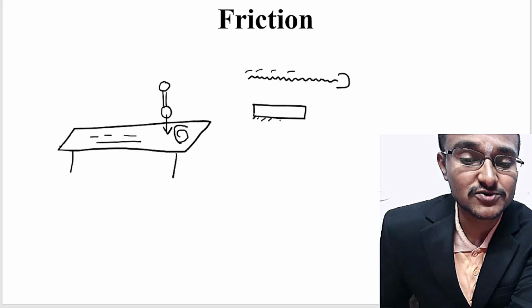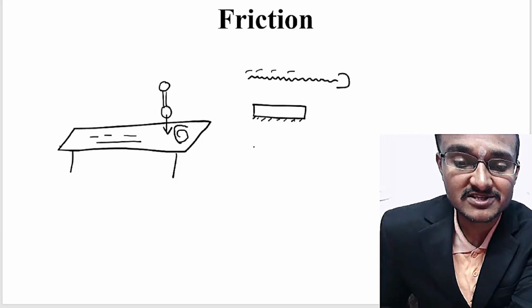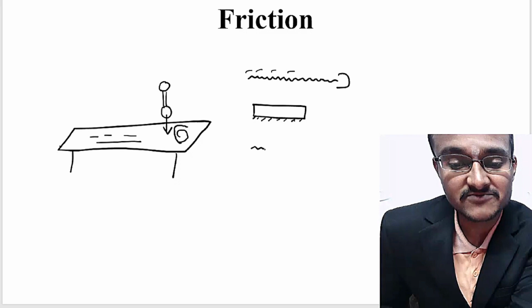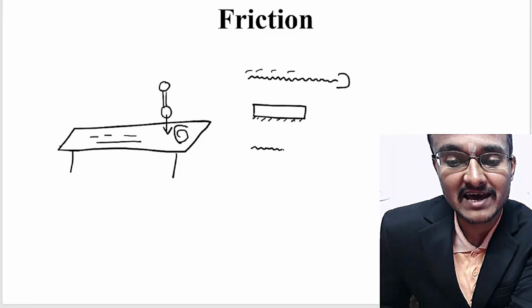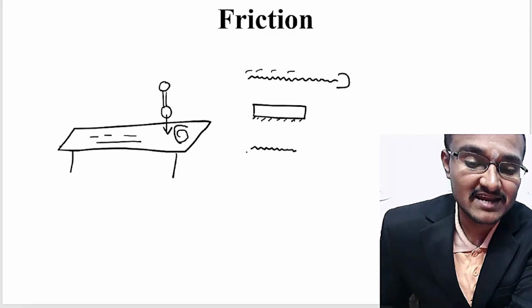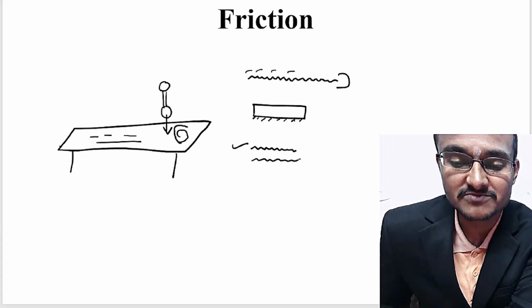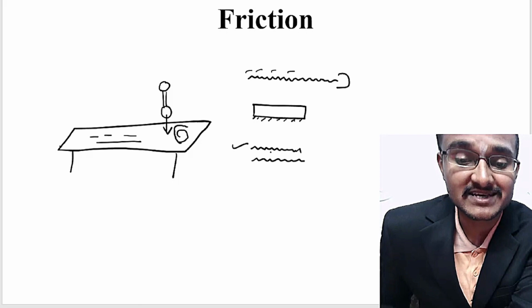But when you see it through a microscope, even this book's bottom surface has a lot of irregularities. So the irregularities of one object and the irregularities of the other object will apply force on each other, and hence the frictional force is developed between these two objects.